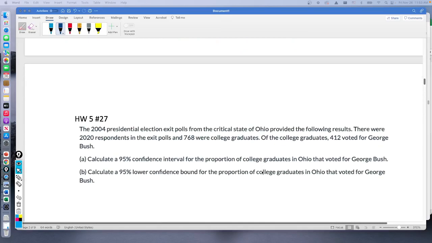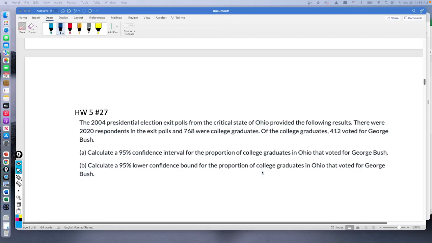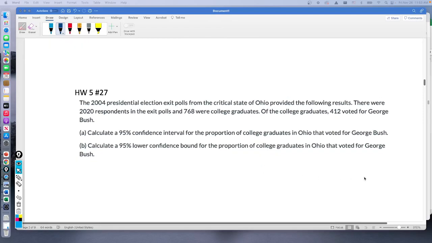Keep on going, and we're still in the same homework. So number 27 this time. We have some information here. Presidential election exit polls from the critical state of Ohio provide the following results. There were 2,020 respondents in the exit poll.